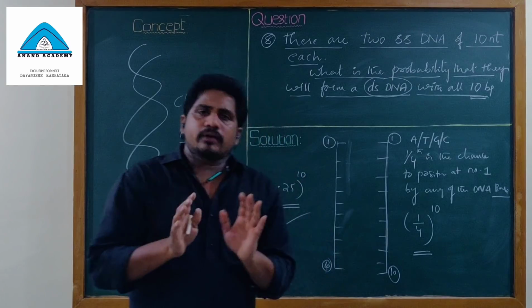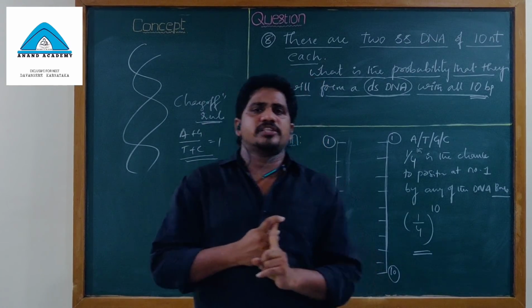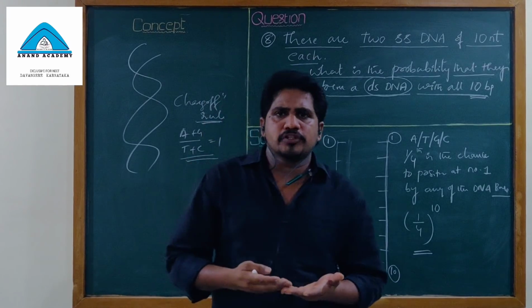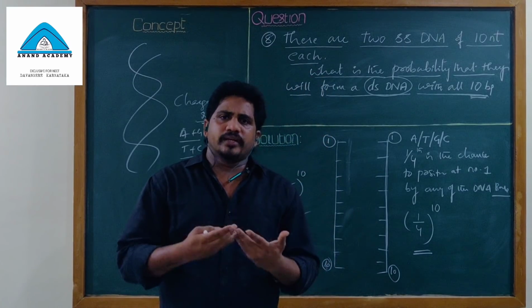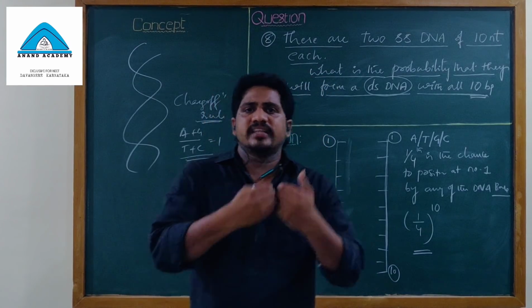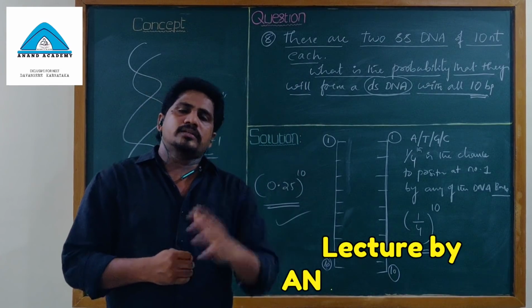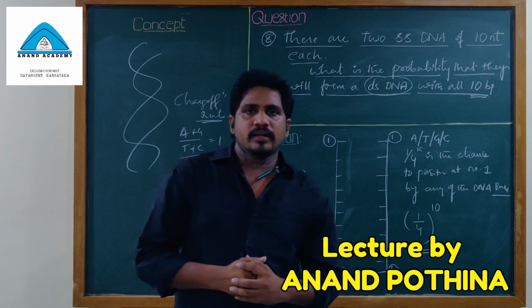For every question, first read the question twice until you understand. Don't attempt the question too early. Spend enough time to read the question and understand what they have given and what they are asking. Concentrate on these 2 points and do the sum properly, and you will get the answer without any tension. Clear? Thank you.